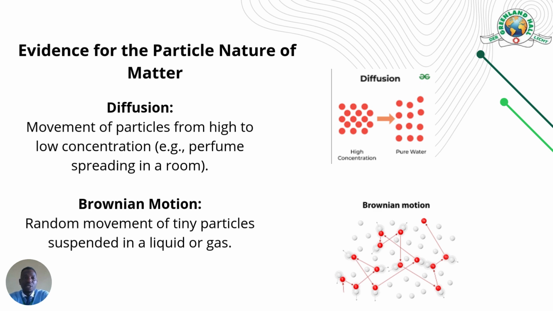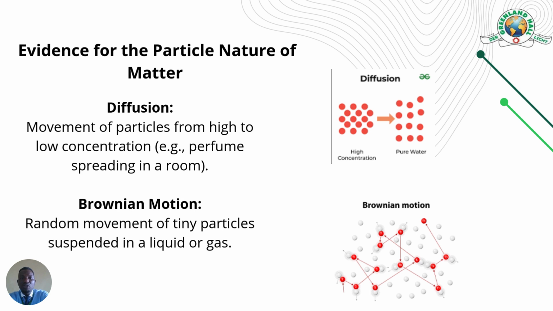Another evidence is the Brownian motion. If you have the opportunity of observing smoke molecules, the way they move randomly, you see the random movement of tiny particles suspended in a liquid or gas. Now, this is a typical example of diffusion. This is the region of high concentration to the region of what? Low concentration.